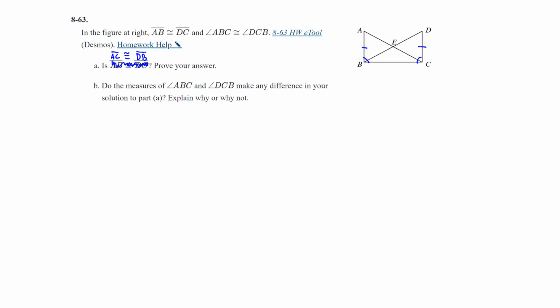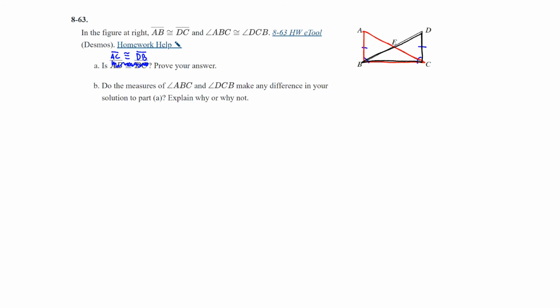So what is it that we know? Well, if you're looking at the two triangles that are interlaid together, you have triangle ABC, and then you have triangle DCB. So there you go. If you can see those two triangles there, AB and DC are congruent, so that's a side. Then you have the angle that appears to be right, but it doesn't specify, it doesn't matter.